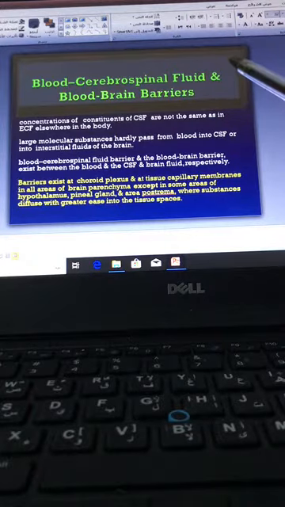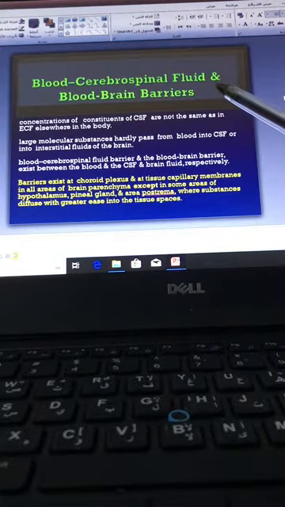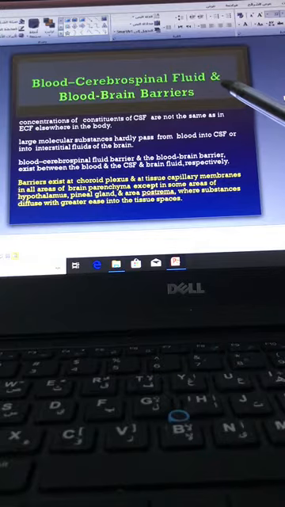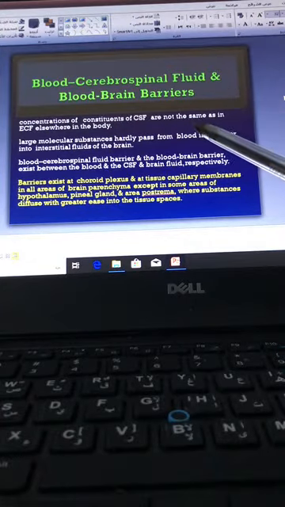Elsewhere in the body, large molecular substances hardly pass from blood into CSF or into the interstitial fluids of the brain. The blood-CSF barrier and the blood-brain barrier exist between the blood and the CSF and the brain fluid respectively.